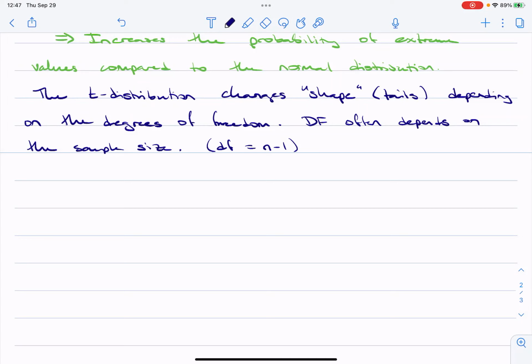So we're going to see a lot of t's in our output, right? If I run a regression in R, then of course it gives me t's. So we need to have a pretty good understanding. But like I said, we're going to save that real understanding for chapter 3, where we actually use these distributions.